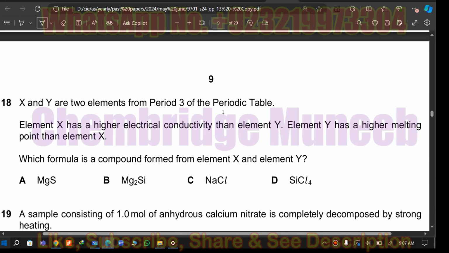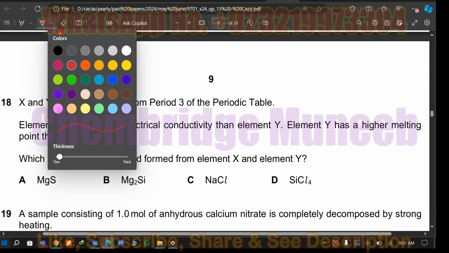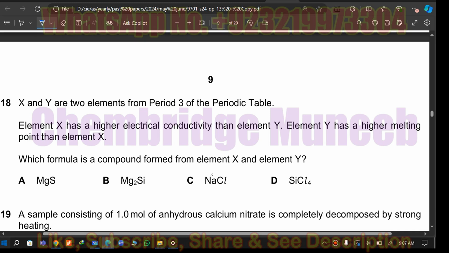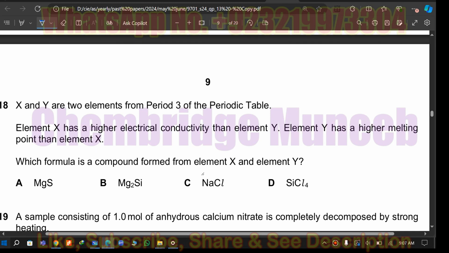Element X has a higher electrical conductivity, and Y has a higher melting point than X. Now we have to find which compound is formed by the combination of X and Y. So first of all we have to identify these elements, and after identifying them we can easily check which compound it is.